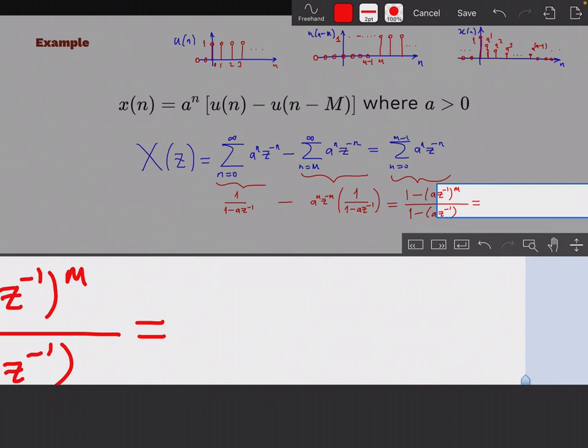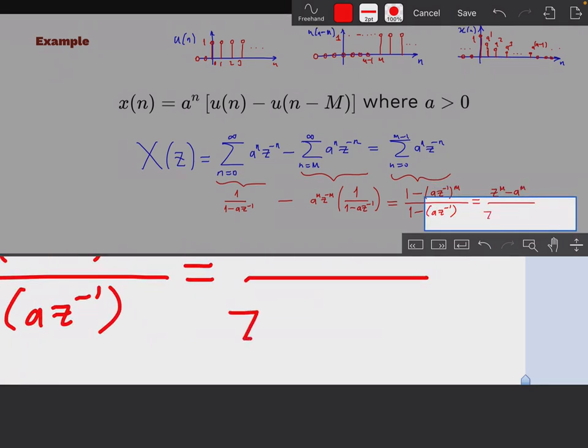So finally, if we divide both the numerator and denominator by z to the power m, we're going to have this kind of a z transform: z to the power m minus a to the power m over z to the power m minus 1, so we've divided both, and z minus a.